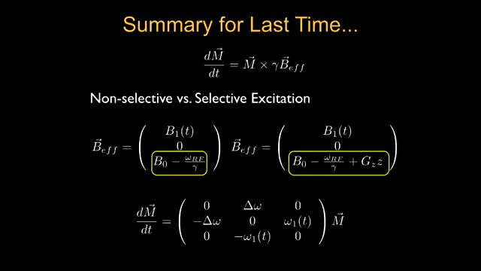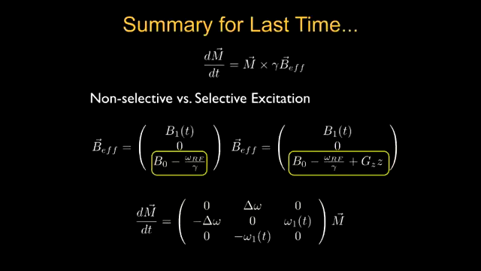So omega 1 is basically gamma times B1, and B1 of t is just the envelope function of the RF. This is kind of a one-slide summary for everything.